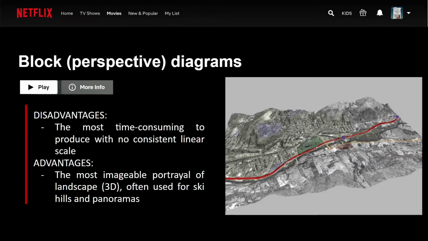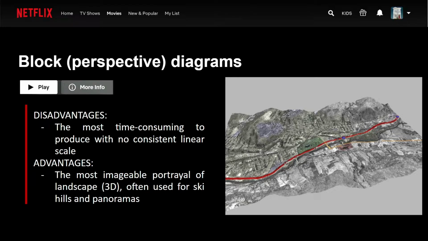And next up, we have the block perspective diagrams. These are the maps that would actually show the 3D representation of that certain place. The disadvantages of this is that it is the most time consuming map to produce with no consistent linear scale.